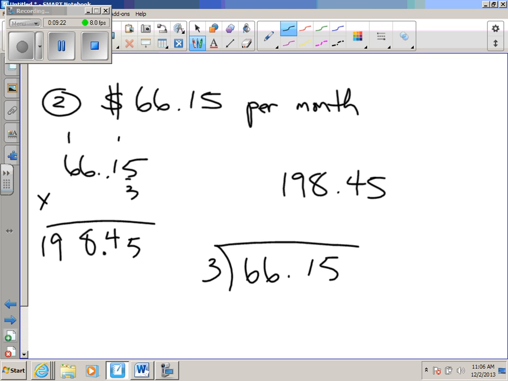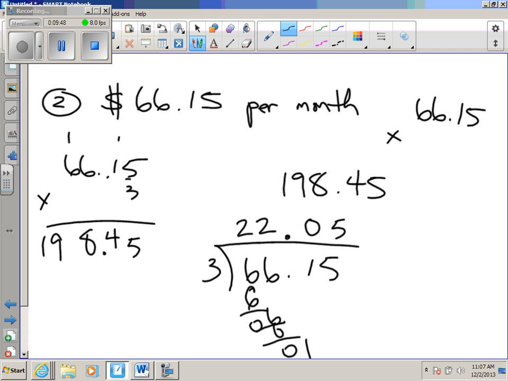If I'm going to divide, all right, $22.05 is what they're paying. Okay, so if they're each paying that now, as opposed to the $66.15 they would be paying just per month, we probably didn't need to do all that.